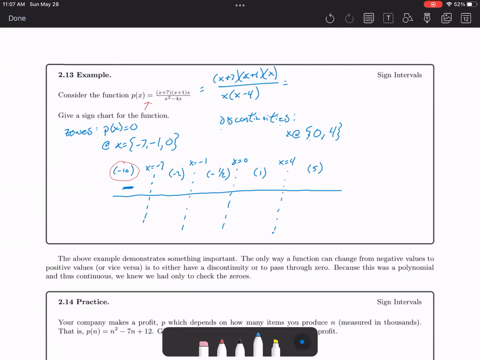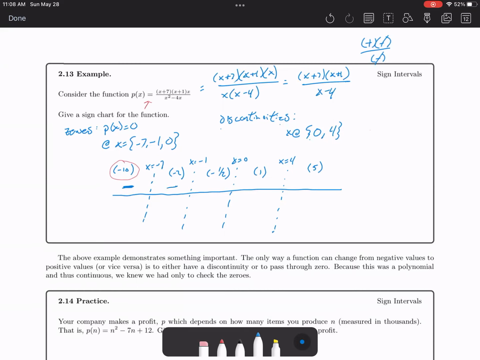Let's do the same thing for all of our test points. So if you plug in minus 2, let me go back to the simplified version. If you plug in minus 2, let's think about the factors. First factor is positive. Second factor in the numerator is negative. And the factor in the bottom is negative. So negative, negative gives me a positive. The function is positive there.